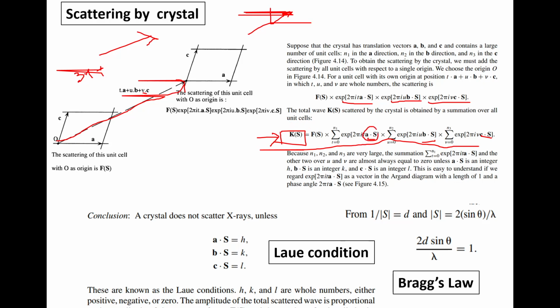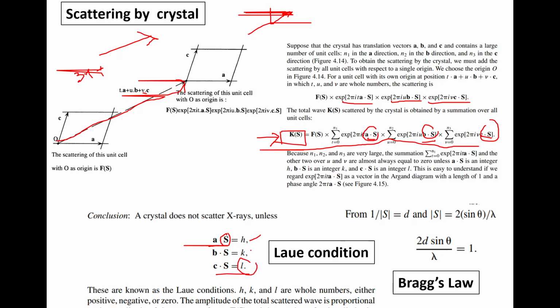From here the idea of the Laue equations came: a, the basis vector, dot s, the scattering vector, is equal to h, b·s is equal to k, c·s is equal to l.